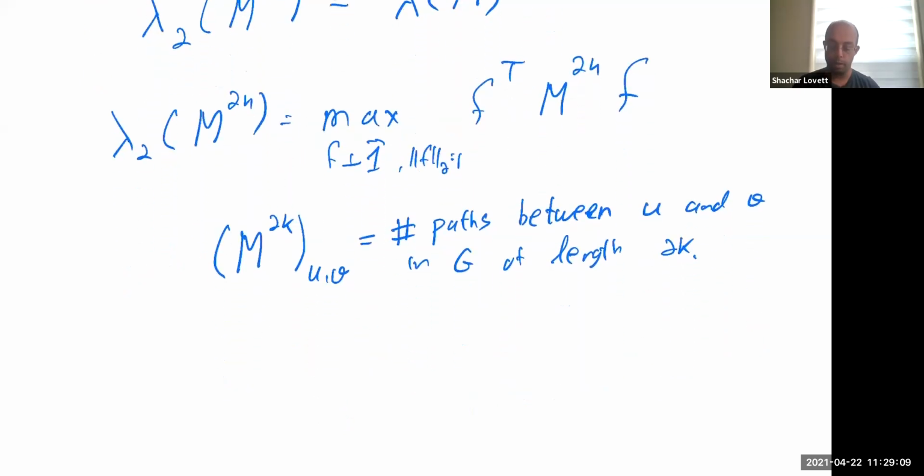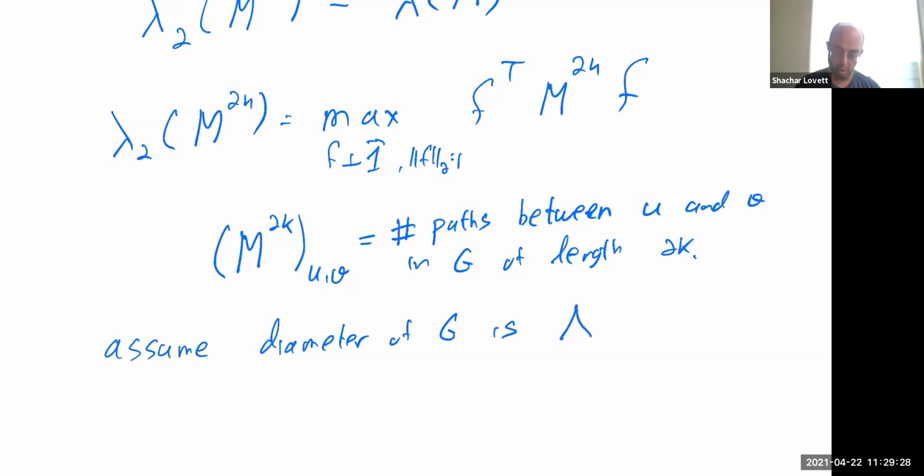So now in particular, we're going to use the assumption that the graph has large diameter to choose f and k in a judicious way. So we assume that the diameter of G is some delta.